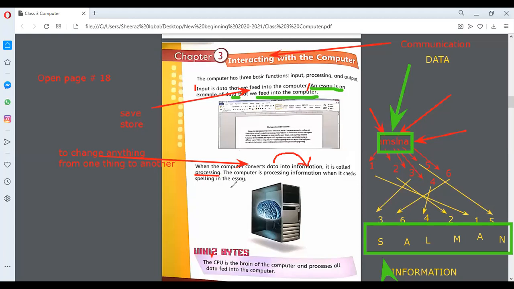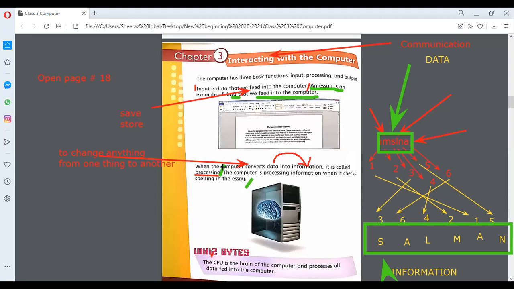Mishal, can you read this one? Can you read from here till here? The computer converts data into information.